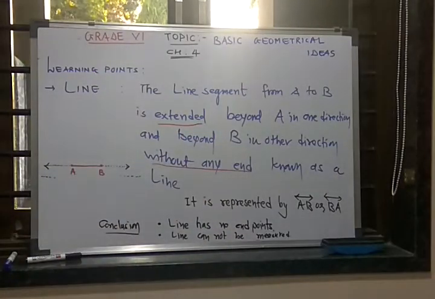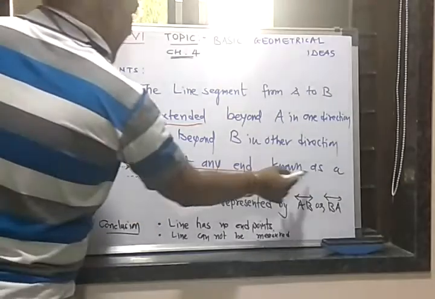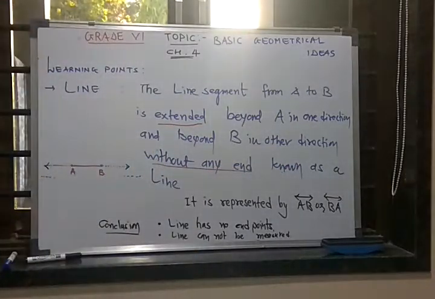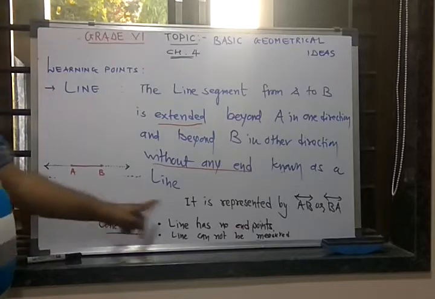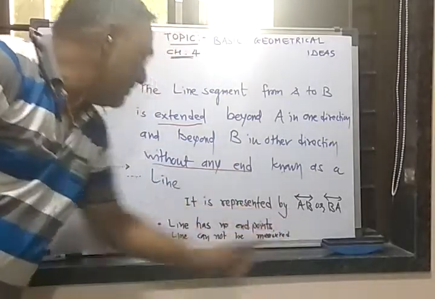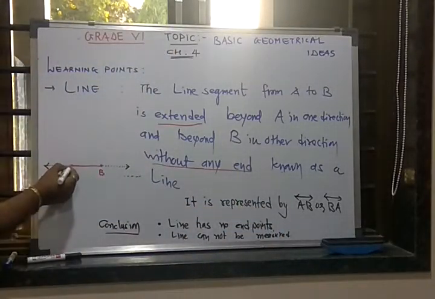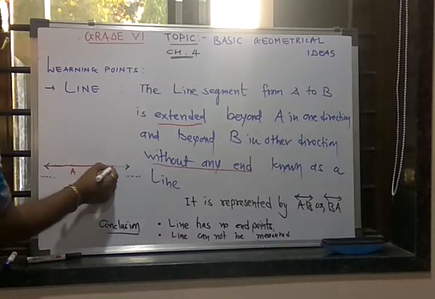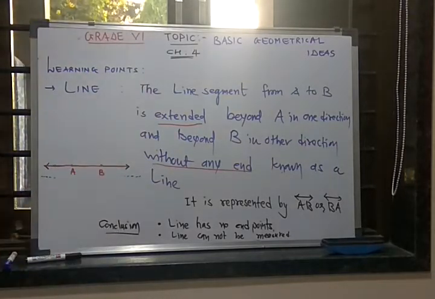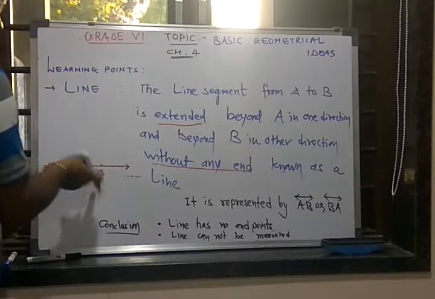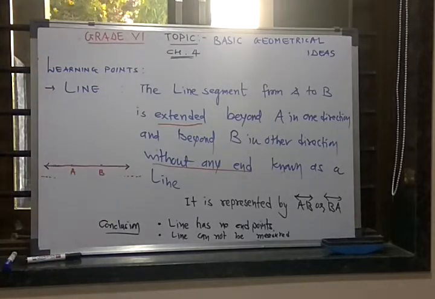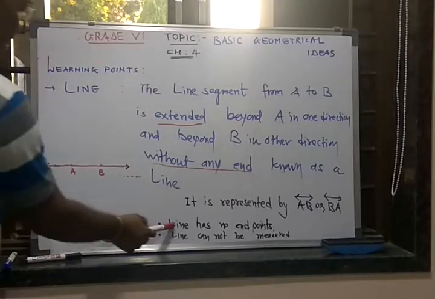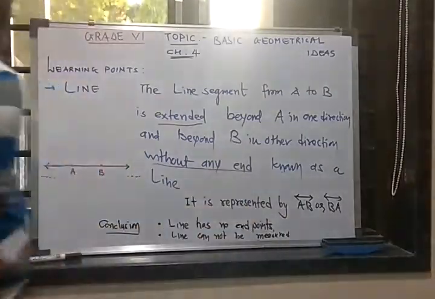This is known as a line. It can be represented by line AB, or you can say line BA. Now a line has no endpoints. So our conclusion, a line has no endpoints.